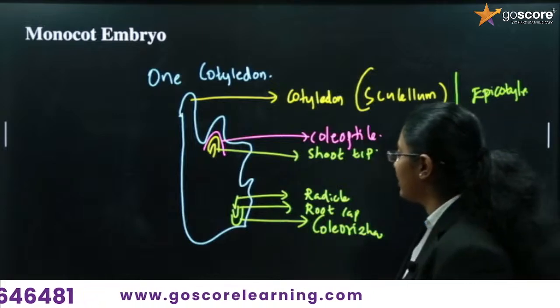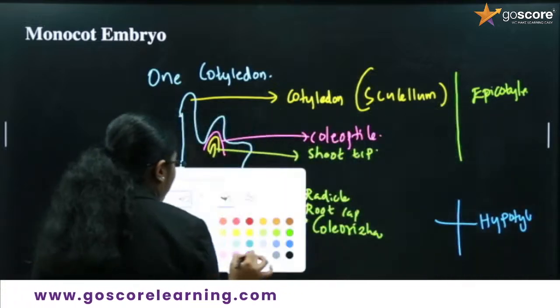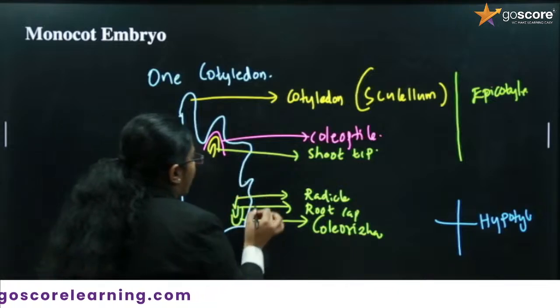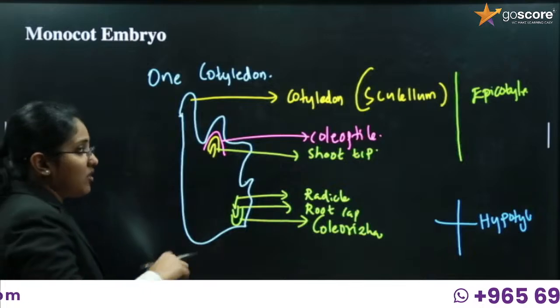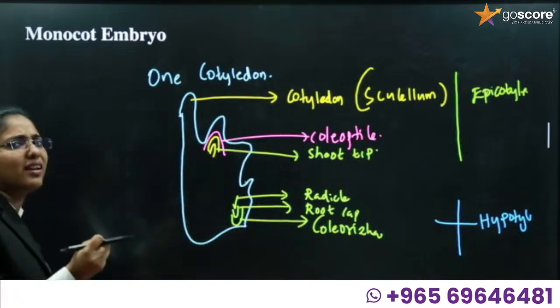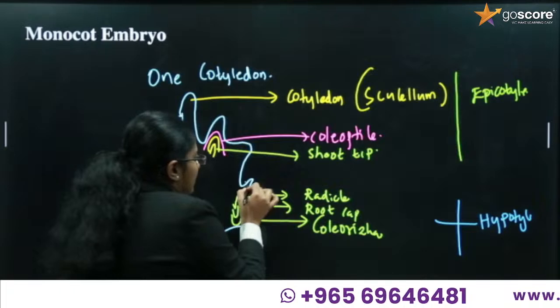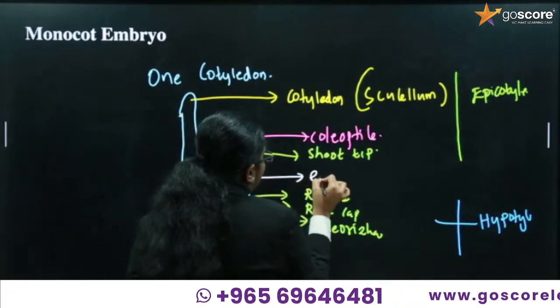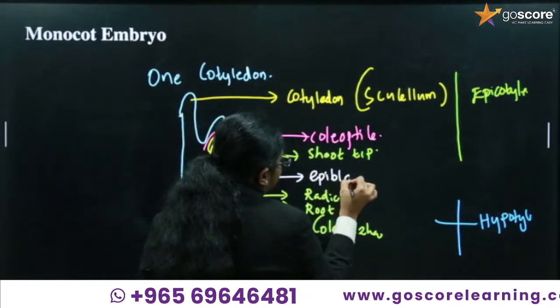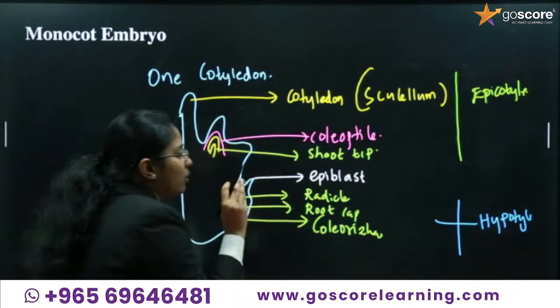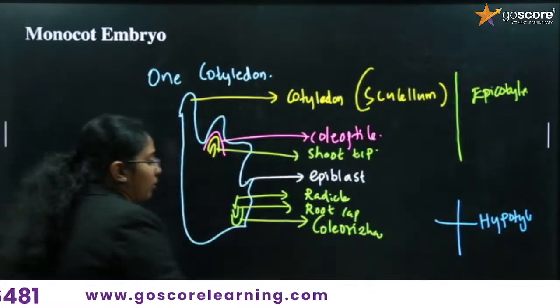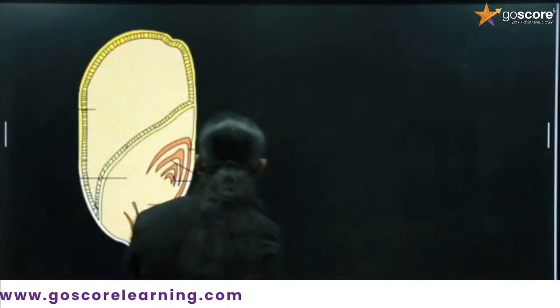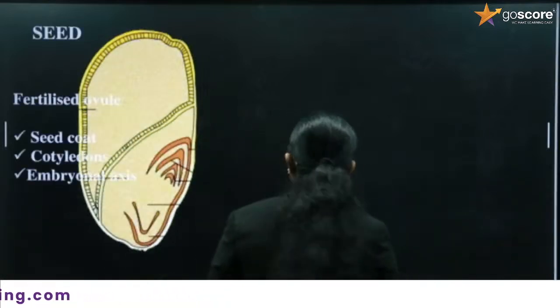There is a small outgrowth-like structure here, and actually it was a cotyledon, but it transformed; it is a rudimentary part of the existing cotyledon, and we will call it epiblast. This is the structure of a monocot embryo, which we have just discussed.